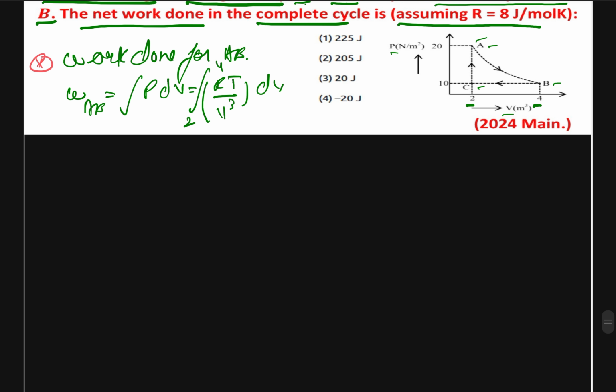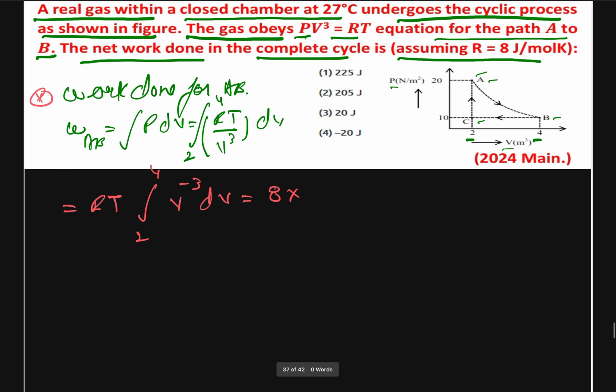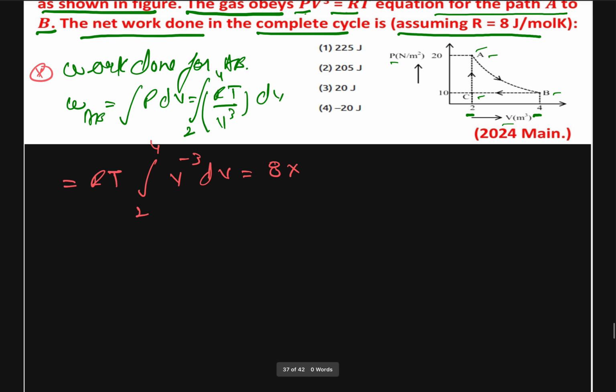RT we can take as common, so this comes as RT, and we have this as integral from 2 to 4 of V raised to power minus 3 dV. Now it is simple integration, and R is taken as 8 and temperature 27 degrees centigrade, so that will be 300 Kelvin.